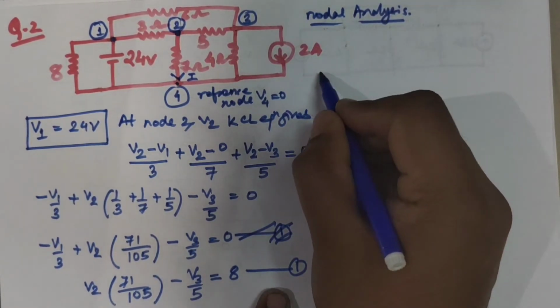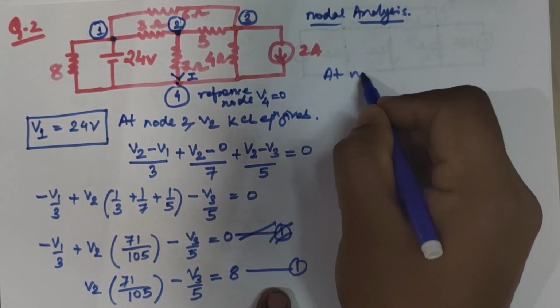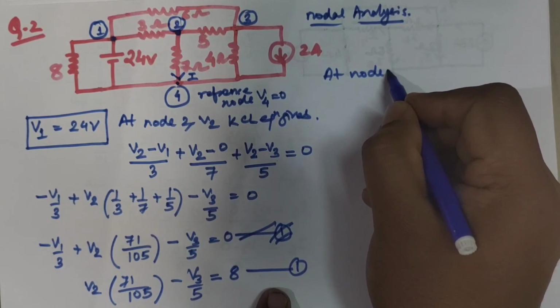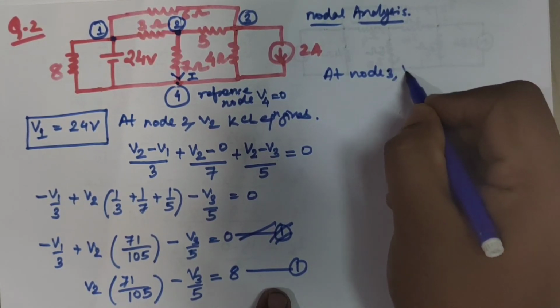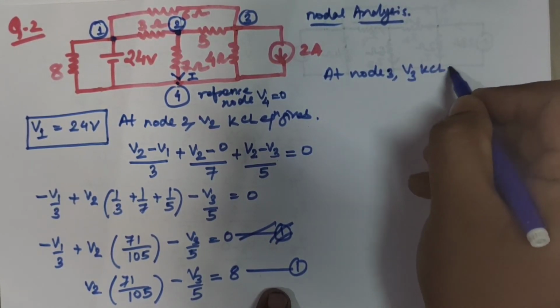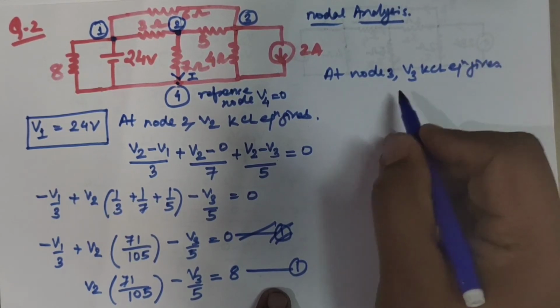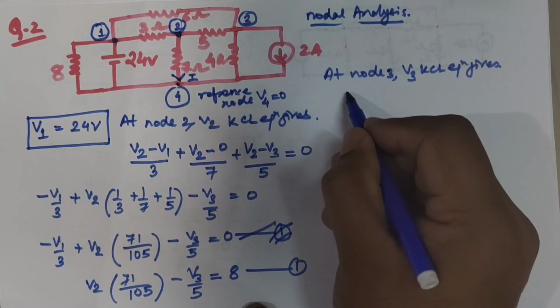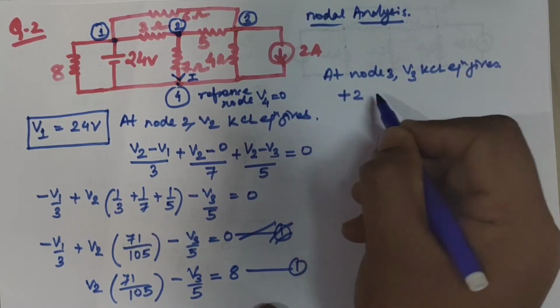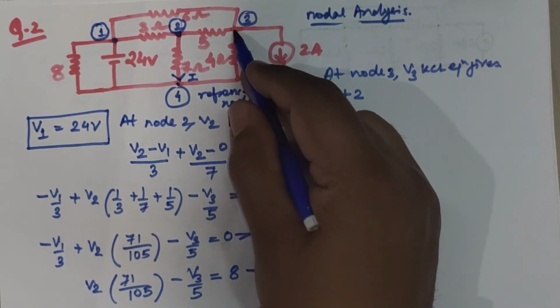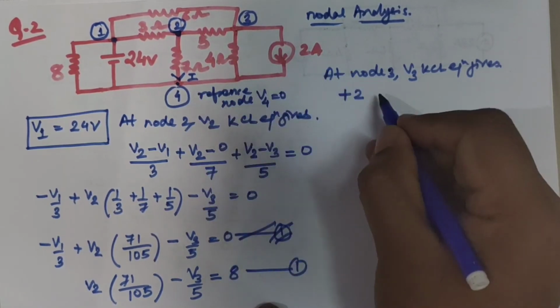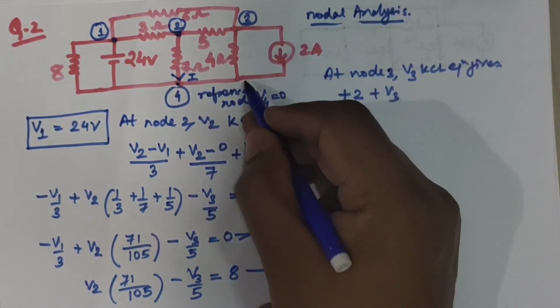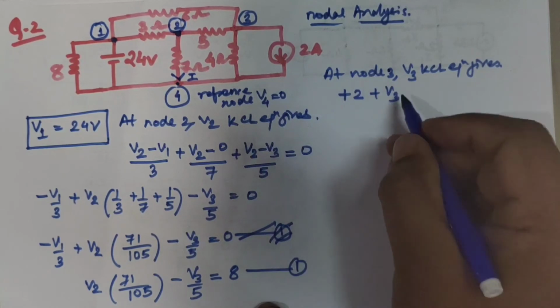Next, we need to write the KCL equation at node 3. So at node 3, node voltage V3, the KCL equation gives, at node 3, outgoing current of plus 2 ampere. So it is plus 2. Next, from node 3 to node 4, we can write node 4 as 0 voltage.